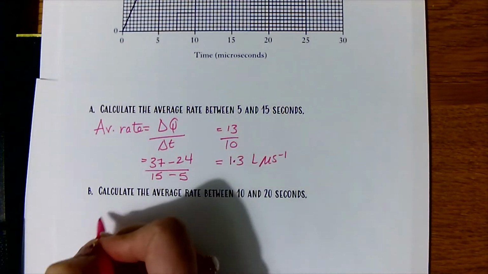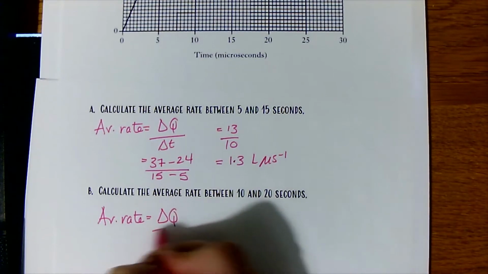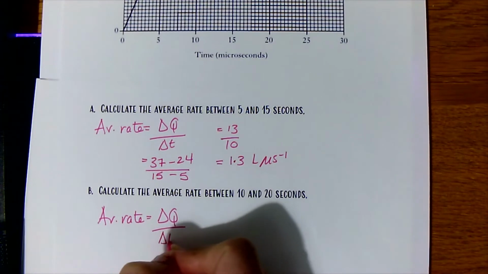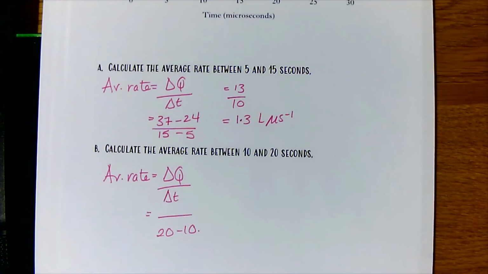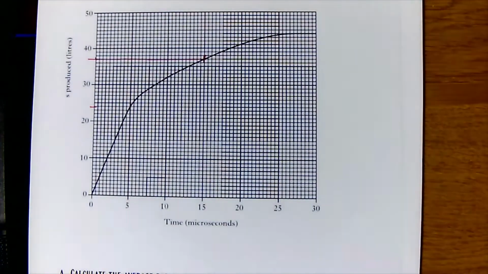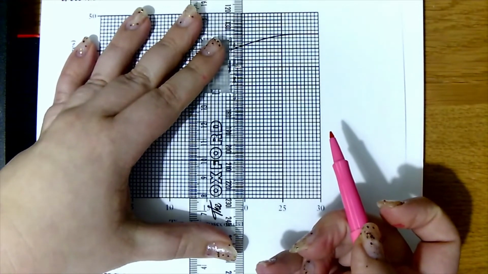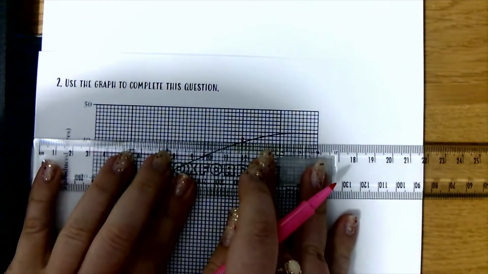And again, B, we'll just do the exact same thing we did before. The change in litres produced over our change in time. Our time is between 20 and 10 seconds. Again, we use our ruler to go up to our graph. Go to the 20-second mark and extrapolate up until we meet our line, and then we just take that line across.